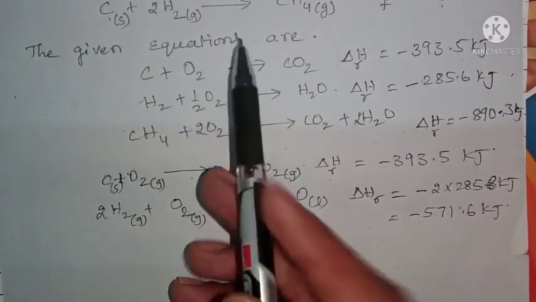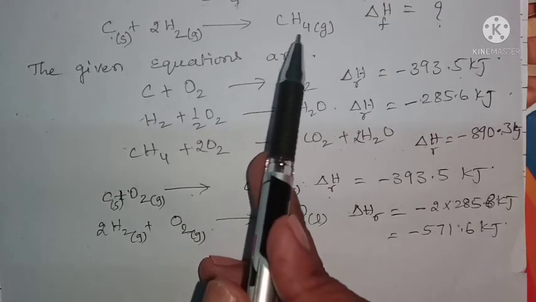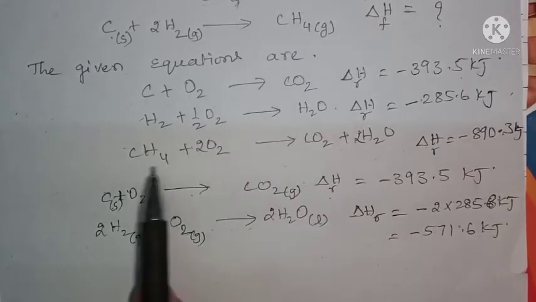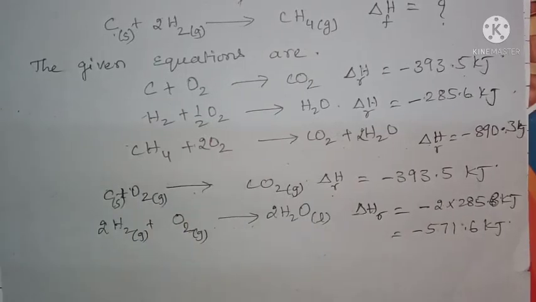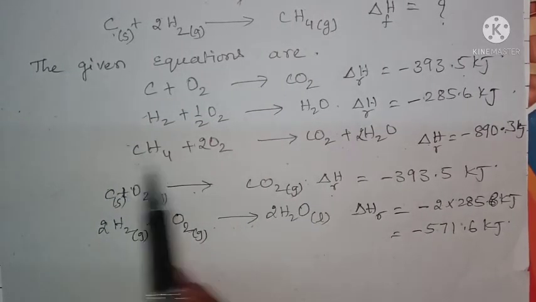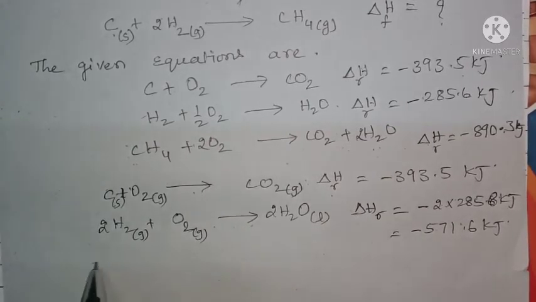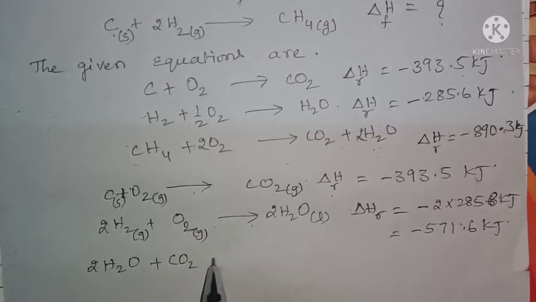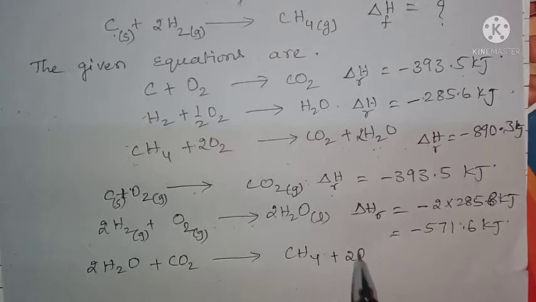Third, in the required equation, methane is on the right hand side, but in the third equation the methane is on the left side. So I have to reverse this equation. By reversing, the equation becomes 2H2O plus CO2 gives CH4 plus 2O2.